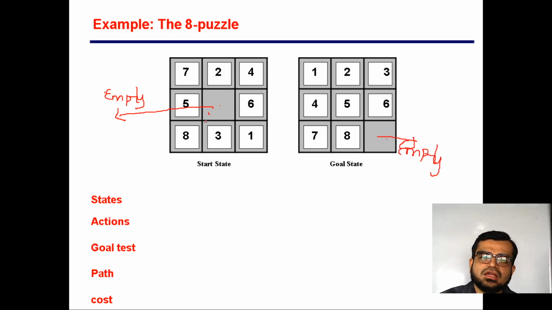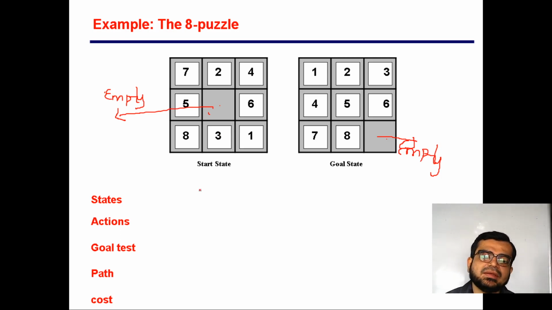Now this is my start state. The start state has values because it is a 3 by 3 matrix, and the goal state is this one. So I have to convert this start state into the goal state by performing some actions and by passing through some intermediate states in order to reach my goal state.